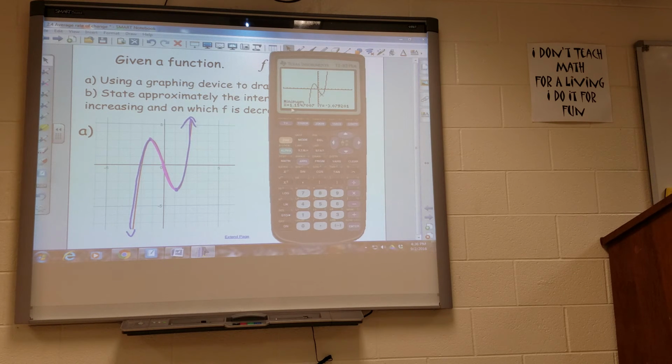All right, my x is a positive 1.15, and my y is now a negative 3.08. So now I've got my maximum point, I've got my minimum point, so now I can determine the intervals of when I'm increasing and decreasing.